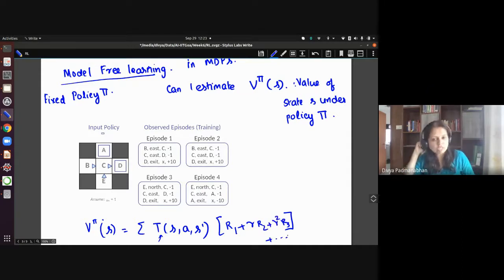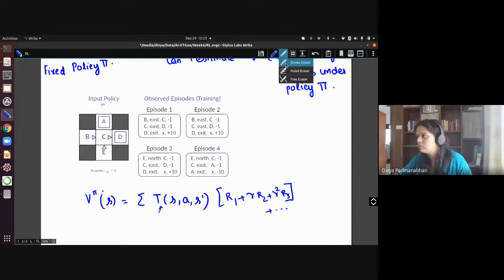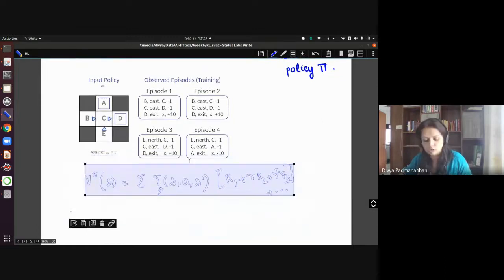This was the reward function actually, and the value was exactly this. Maybe I shouldn't mix up these two notions, so let me remove this for now.